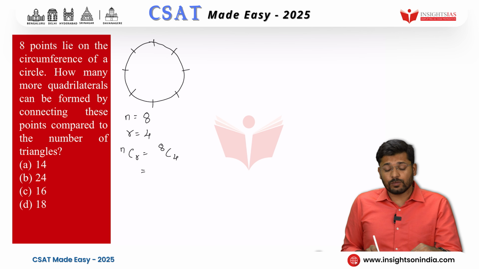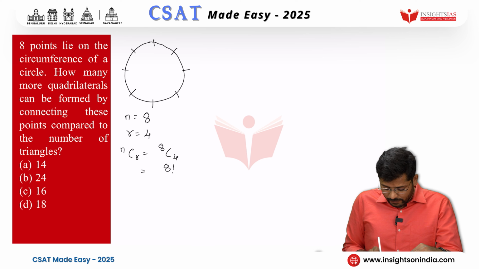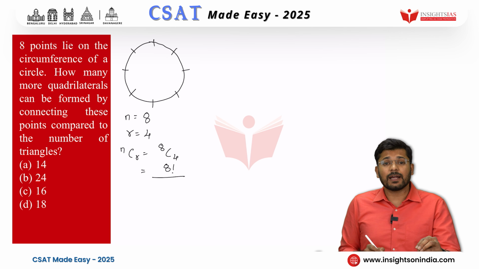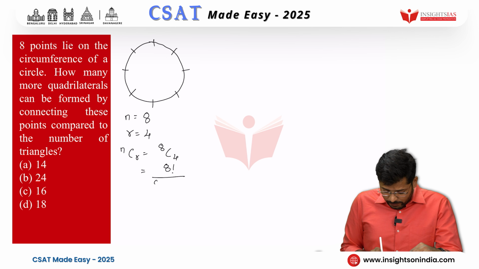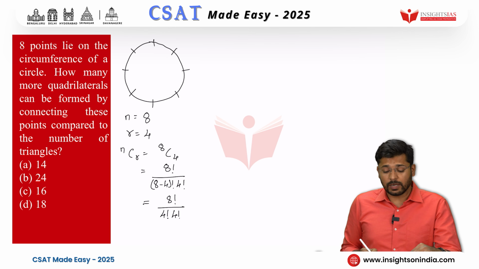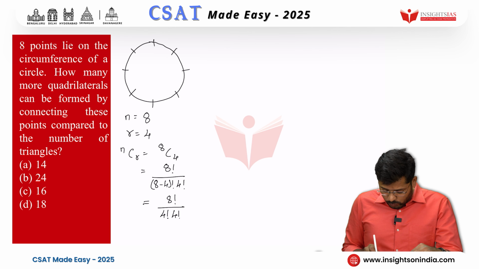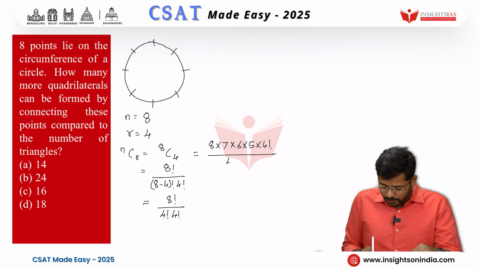What would be 8C4? Using the formula n factorial divided by (n minus r) factorial into r factorial, that would be 8 factorial divided by (8 minus 4) factorial into 4 factorial. That would be 8 factorial divided by 4 factorial, 4 factorial. Further, how much would that be? That would be 8 into 7 into 6 into 5 into 4 factorial divided by 4 factorial into 4 factorial.